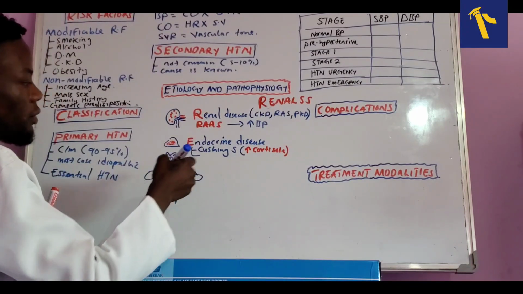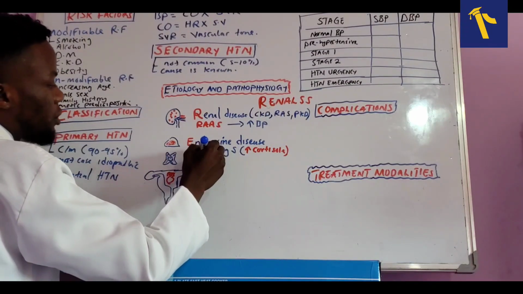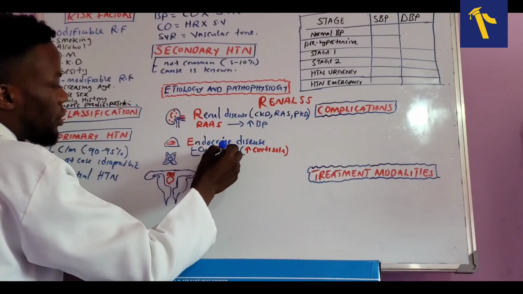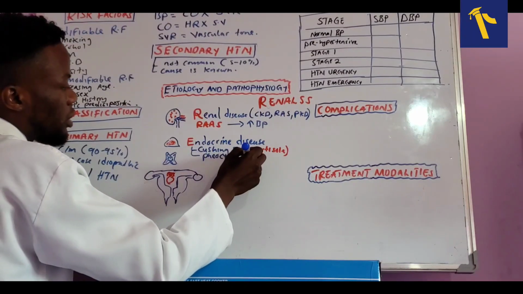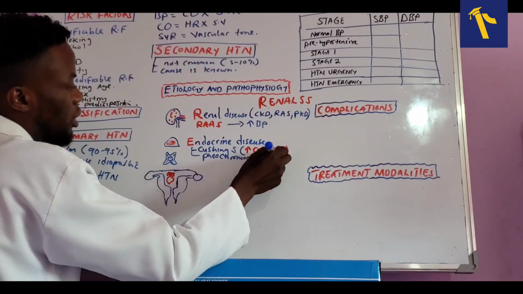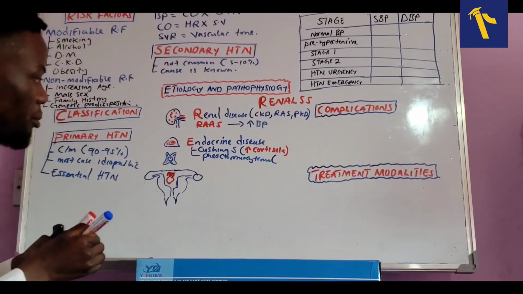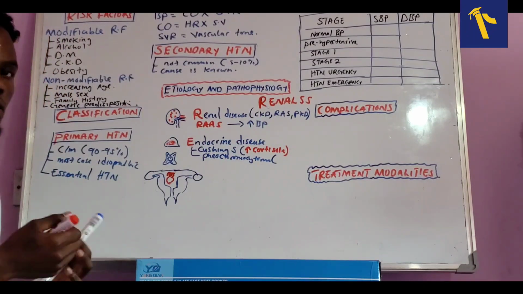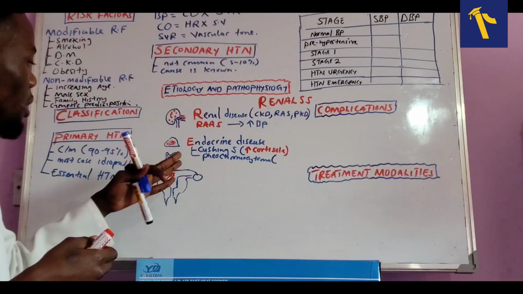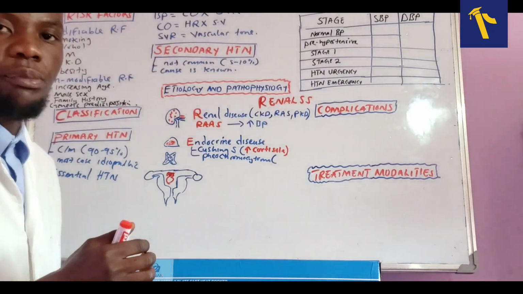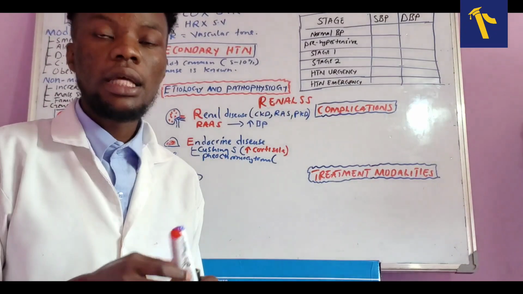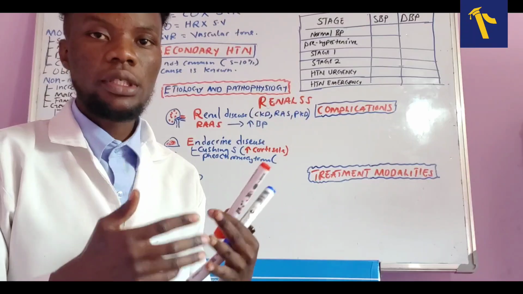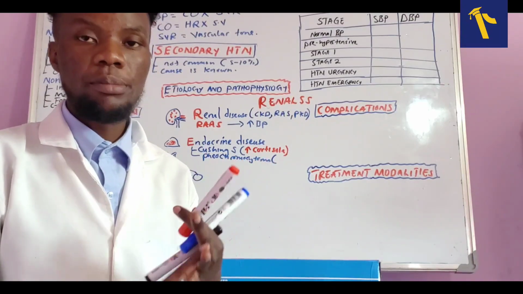Another one for the adrenal glands is pheochromocytoma. Pheochromocytoma is basically more like a tumor that develops in the adrenal gland, and that tumor is capable of producing norepinephrine and epinephrine.